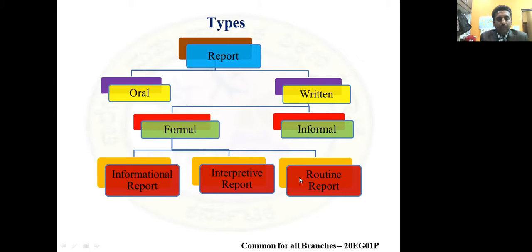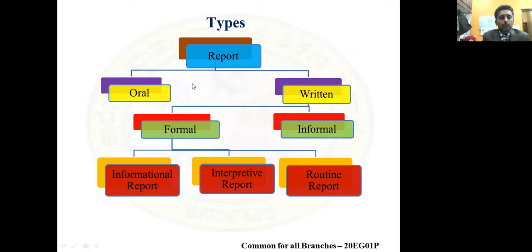They may be submitted annually, semi-annually, quarterly, monthly, fortnightly, weekly, or even daily. The reports such as confidential reports on employees, progress reports of projects, inspection of equipments. So these are all the examples for routine reports.